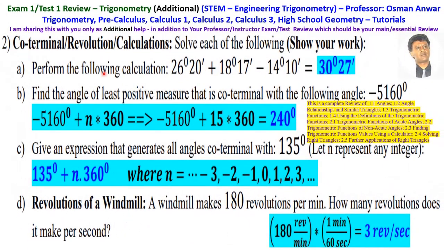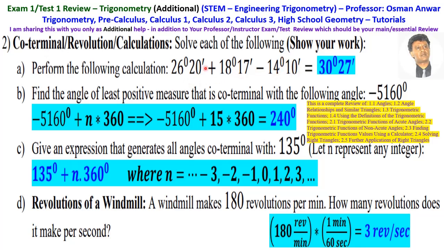Number 2 is we will find the coterminal and we will find the revolution and calculations. So perform this arithmetic. It is 26 degrees 20 minutes plus 18 degrees 17 minutes minus 14 degrees 10 minutes.